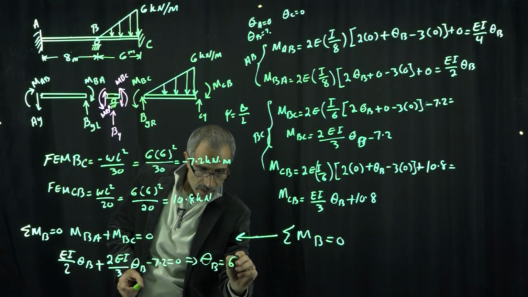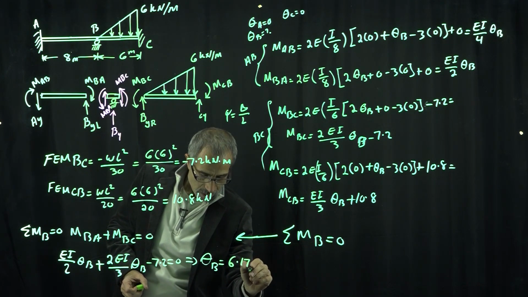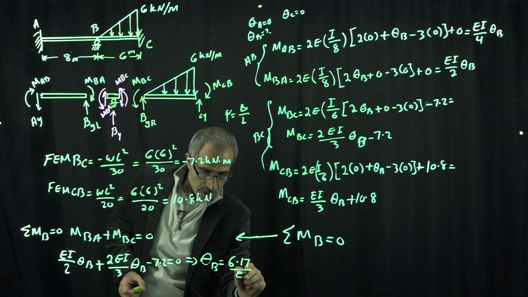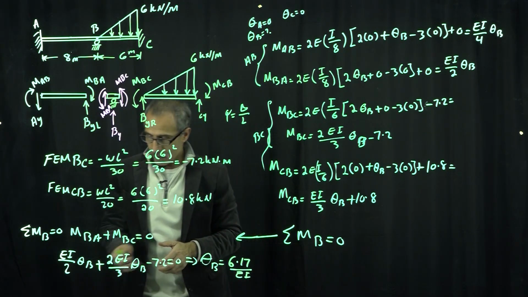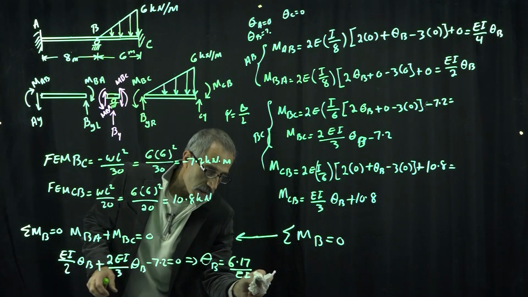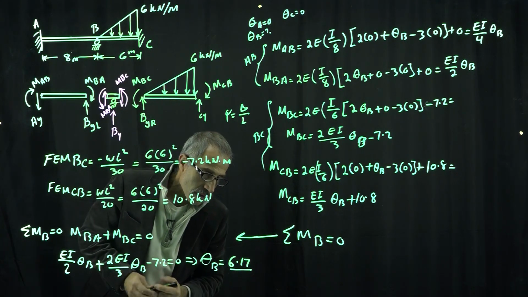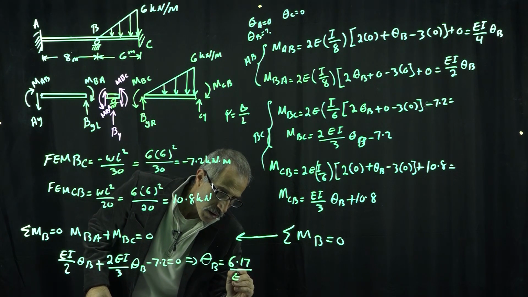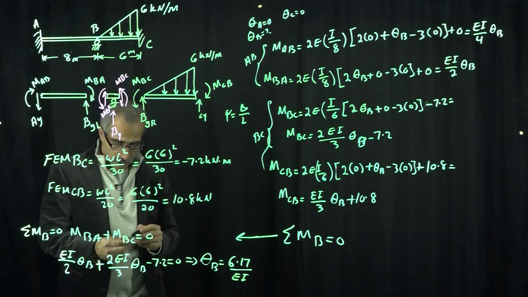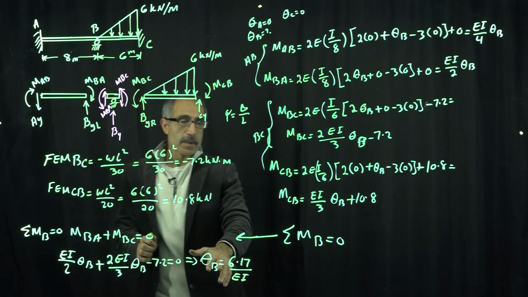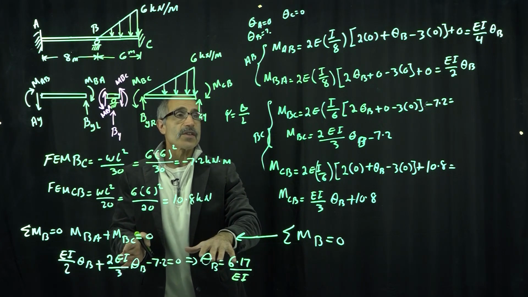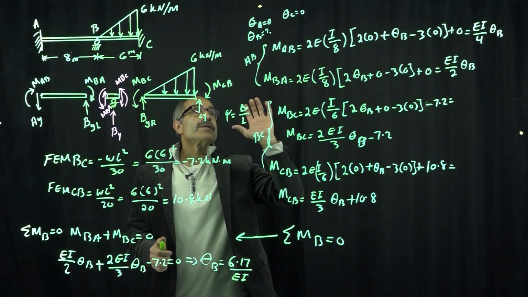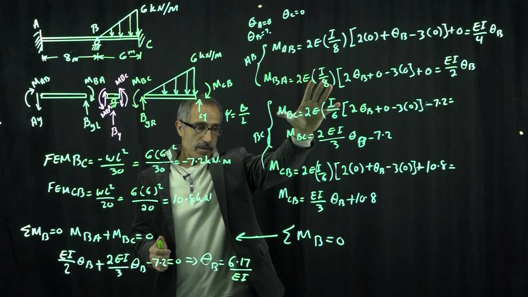From here we know theta B comes out to 6.17 divided by EI. Let's write that a little better. So now we have theta B. I'm going to take theta B and substitute it in all those equations.